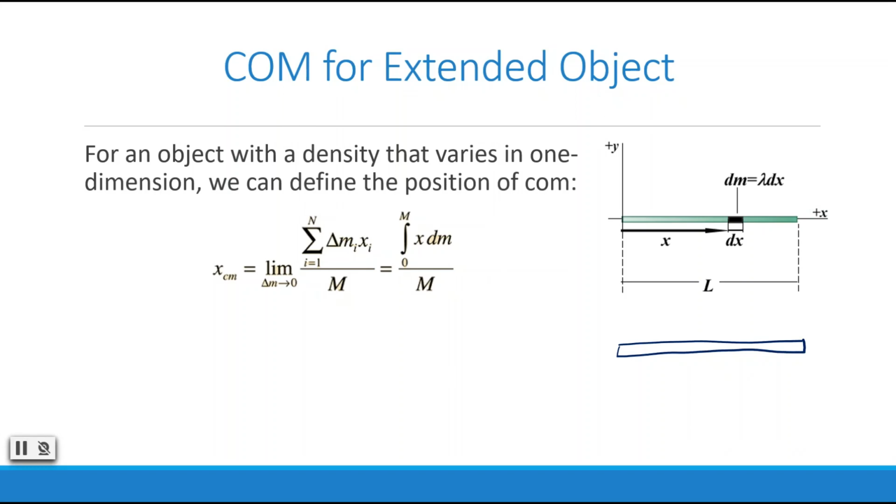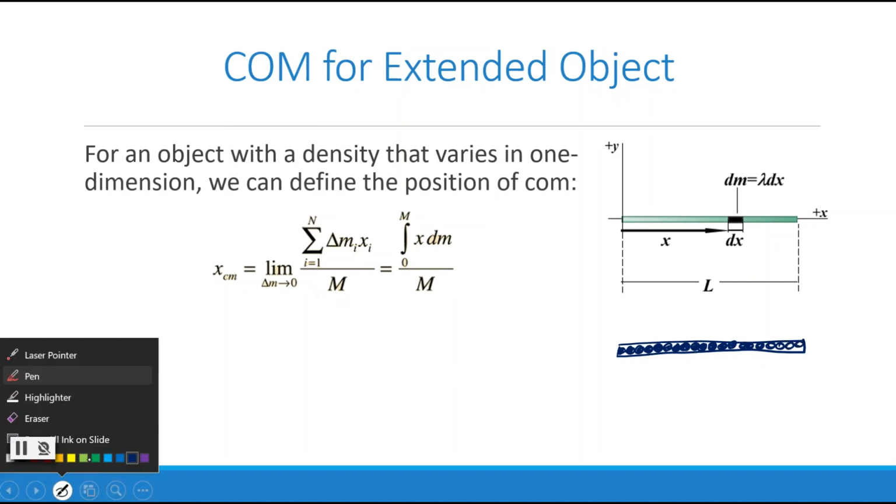So picture that this rod was made up by individual atoms, so that you could treat each one of these little tiny pieces of this rod as a point mass. And that's essentially what we're going to be doing, but a little bit more general. All right, so there you have all of your little point masses.